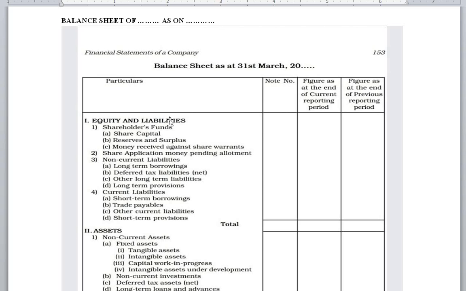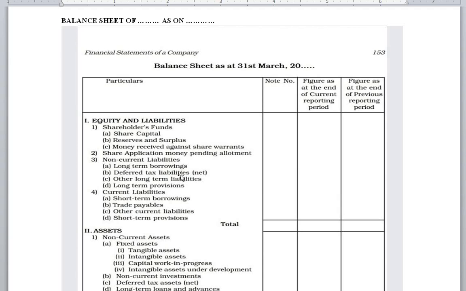So under equity and liabilities, when you are preparing a balance sheet under company's accounts, it is divided into four subdivisions. Basically three. The first one is shareholders' fund. The second, it is separately given as share application money, but the second one you can consider as non-current liabilities, and thirdly or fourthly, current liabilities.